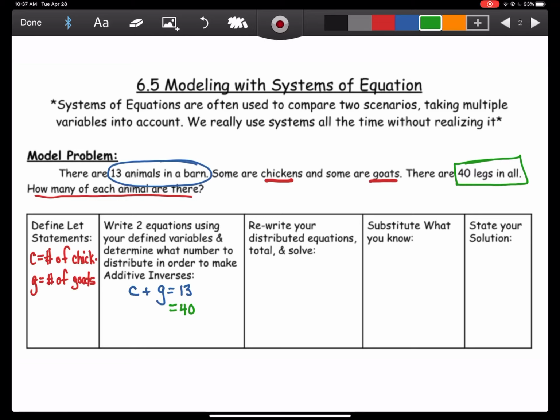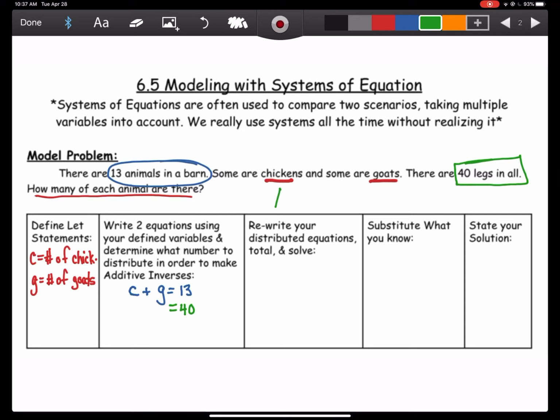And I know that I'm going to need a C value here and a G value here, but it can't just be C plus G again because that wouldn't make any sense. C plus G can't equal 13 and 40, so there must be something else about C and something else about G that we can do.